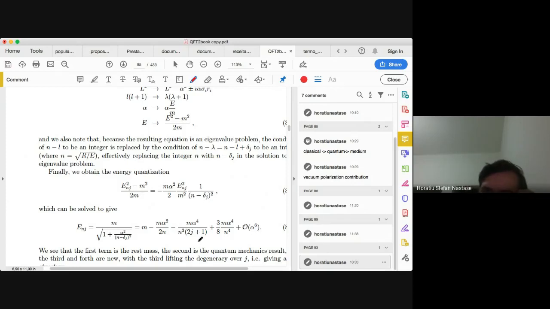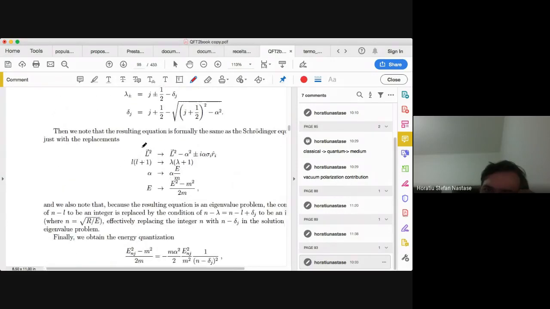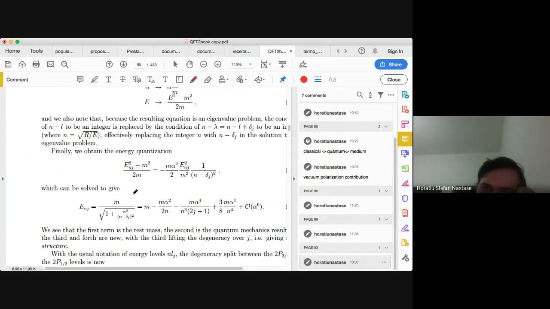All right. So in this expansion, I expanded this term, alpha squared over n minus delta j squared, but I also expanded in delta j, which is also small, because alpha is small. So there's a double expansion, right? The expansion is in alpha, but I expand in this alpha and also in the alpha that's implicit in delta j.